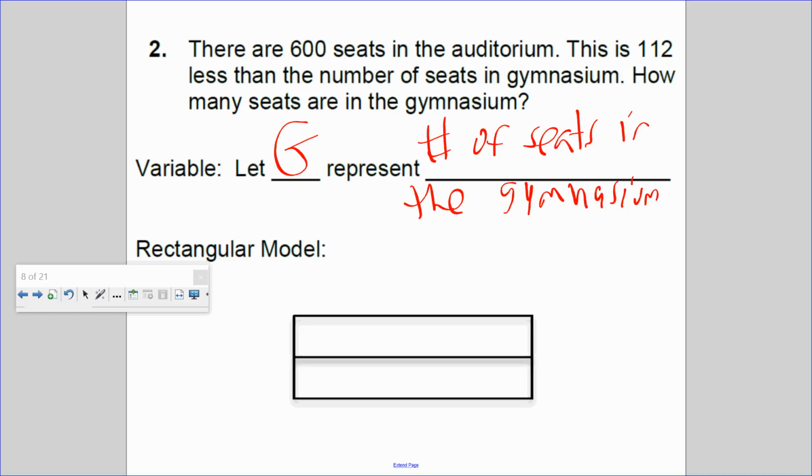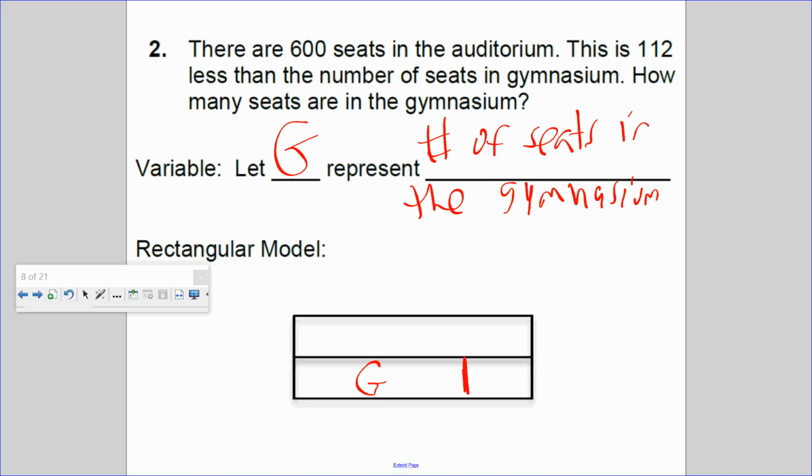So this is the gymnasium. So this is 112 less than the number of seats. So here's the seats in the gymnasium.